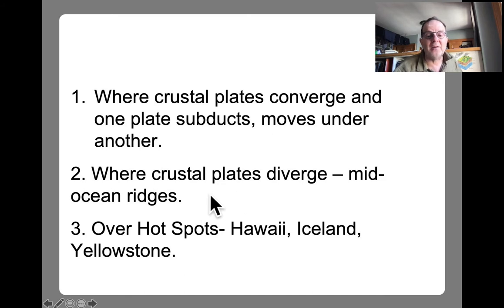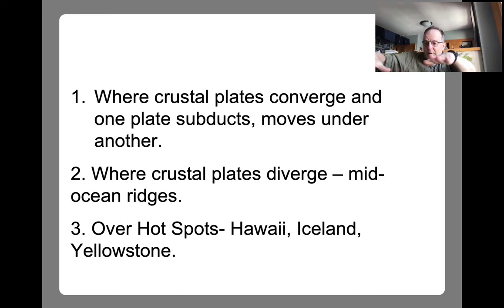And then 3, over hot spots such as Hawaii, Iceland, and where Yellowstone Park is, otherwise passive areas where there's no activity on a tectonic plate, you find volcanism. Now why?